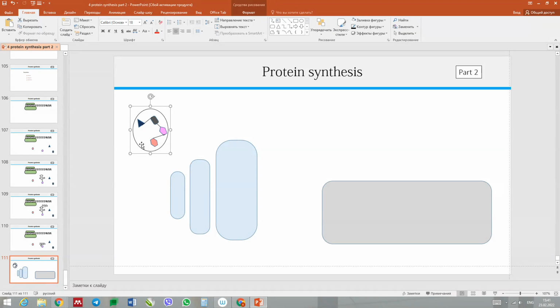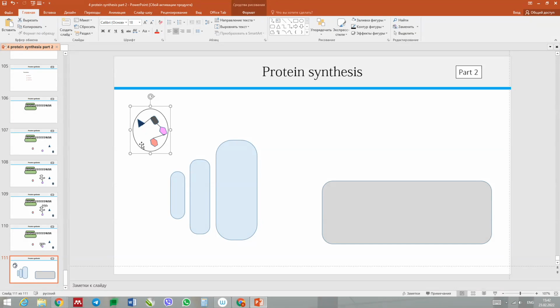And at the same time, this transport vesicle will protect the cell from activity of this protein in the wrong place at the wrong time. Because in order to be useful, protein has to perform its activity in correct way, in correct place, and in correct time.